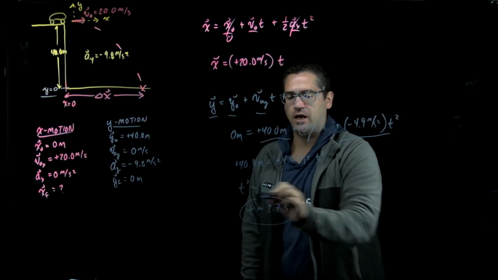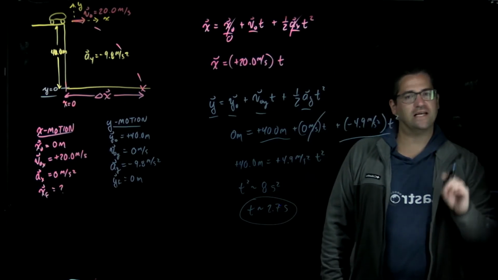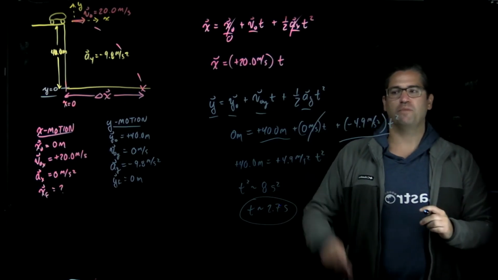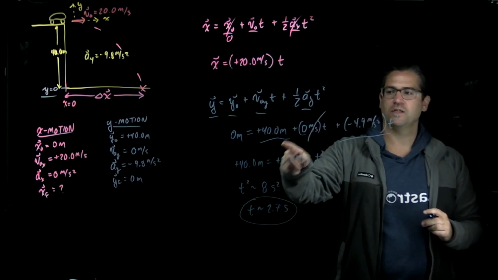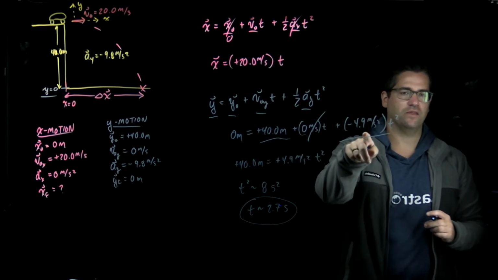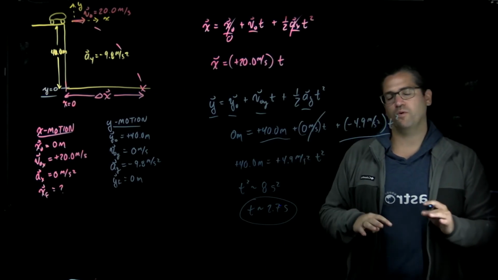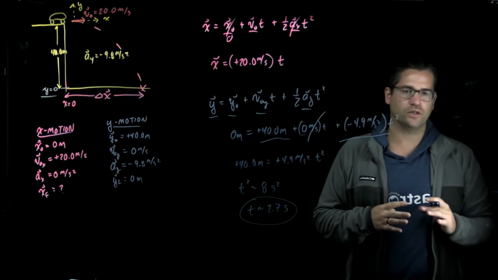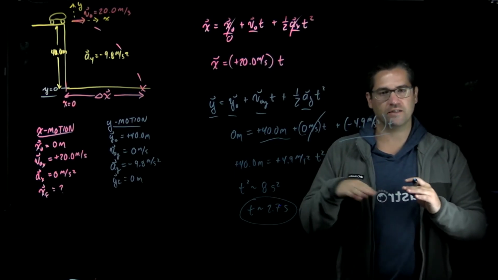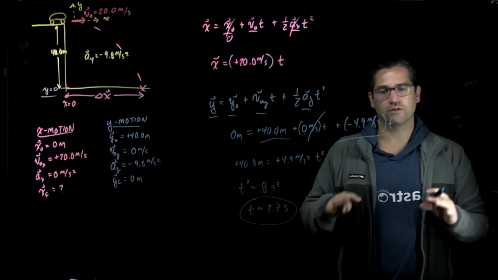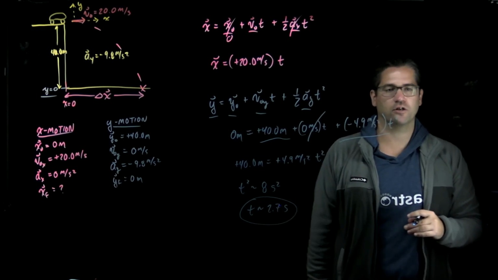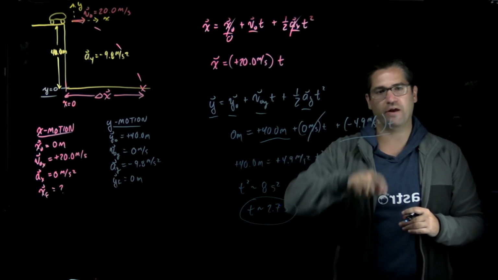So that's the time that we're in the air. Notice that time was entirely determined by the initial y velocity, the initial y position, and the y acceleration. So this is what we mean when we say that in two-dimensional motion, the motion in the x and the y is independent. So the time we were in the air was entirely determined by these y parameters.